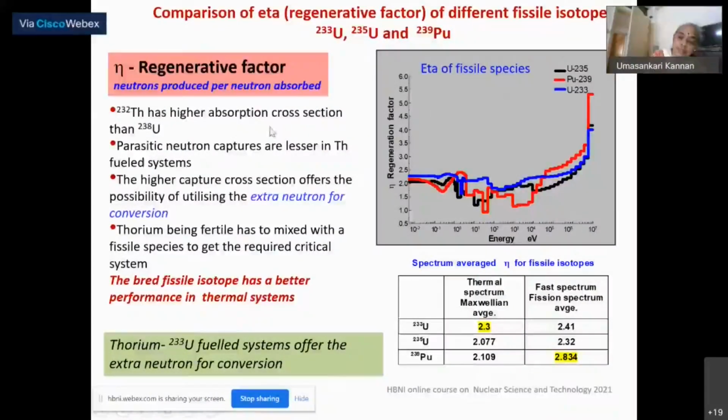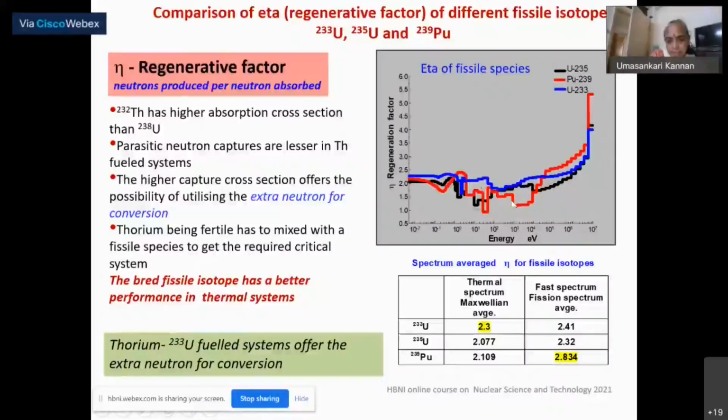When I'm talking about choice of fuel, I have already repeated so many times that eta is the governing factor. Here I have given you, in thermal and fast spectrum, the 3 important fissile nuclides: uranium-233, uranium-235, and plutonium-239. You can see in a thermal spectrum, U-233 has maximum eta.